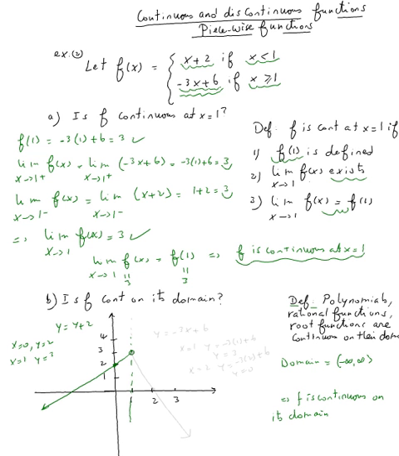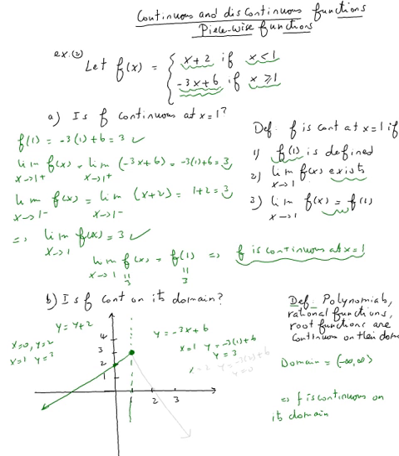Now, on the right of x equal 1, we need to graph y equal minus 3x plus 6. Again, we're going to use 2 points. We use x equal 1. When x equal 1, y is minus 3 times 1 plus 6, so y is equal 3. So we get this point, and you can see we're filling up the hole.